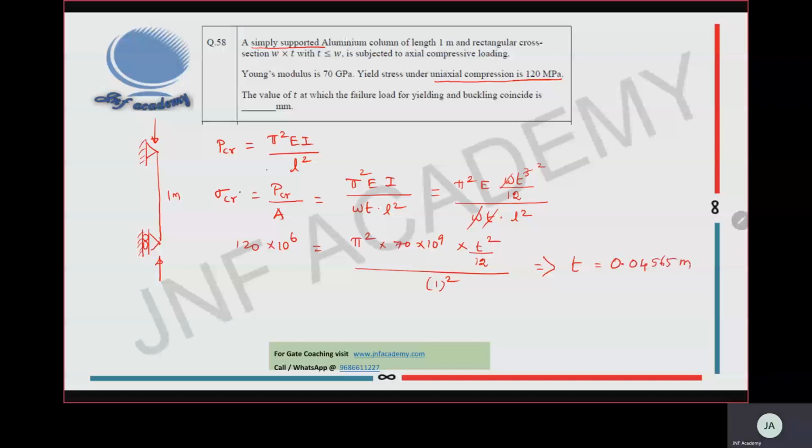This is in meter. The question asks for the answer in mm. So our t value is 45.65 mm. So this is how we need to simplify this problem.